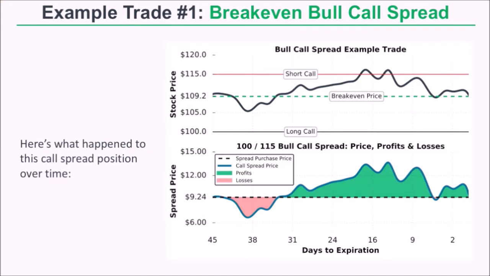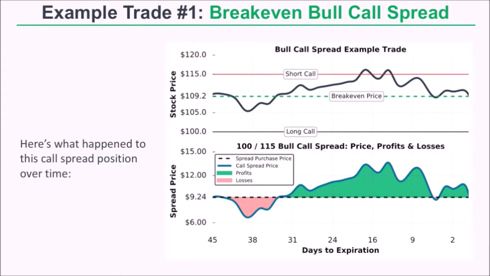So as we can see here, the stock price falls a little bit and the call spread's value also falls, and then the stock price rallies to a price greater than the short call strike price. So at one point this call spread was entirely in the money, and as we can see, the spread's price reached a value of $13.50 at the highest point. So the profit on the spread was actually a little over $4 at one point.